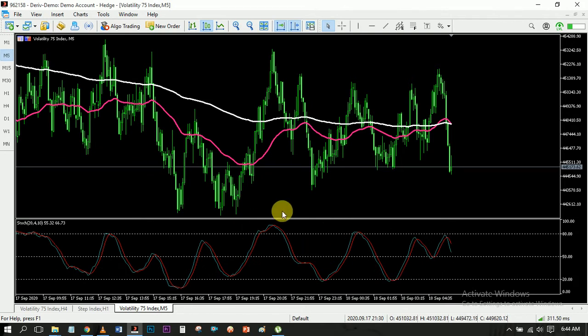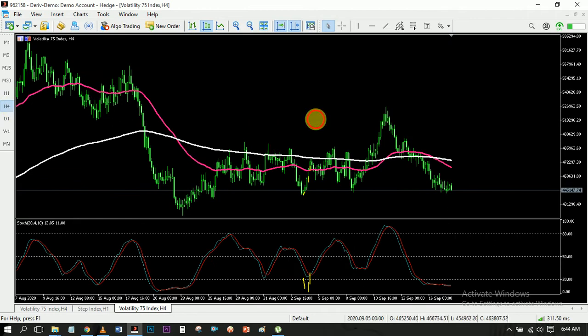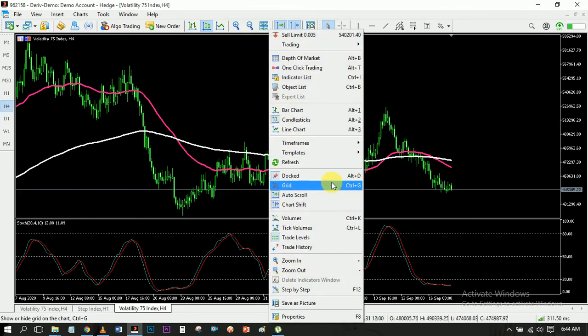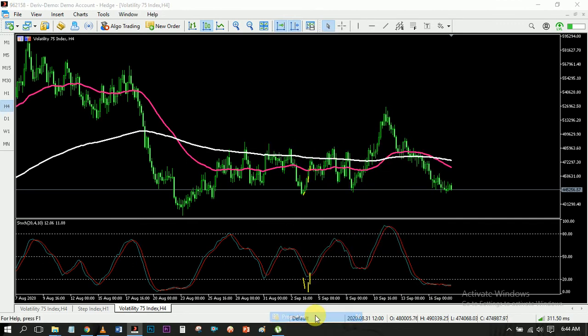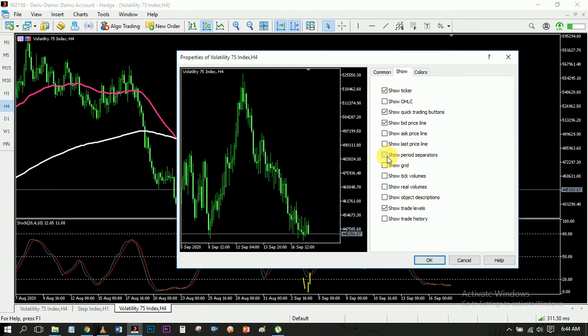Now you want to go to your 4-hour time frame. Then on your chart, make sure you have your period separators showing. Show period separators, click OK.